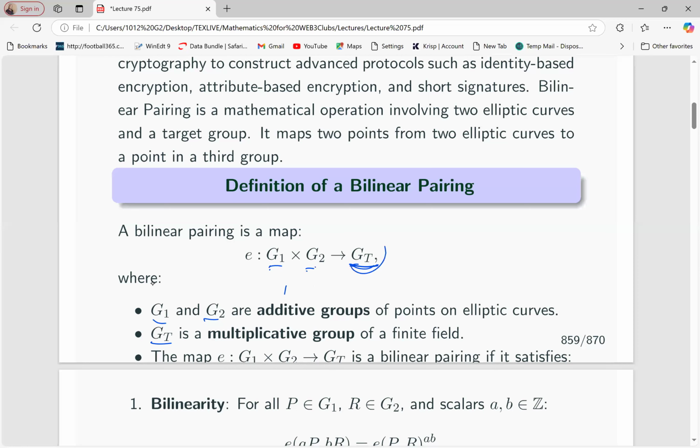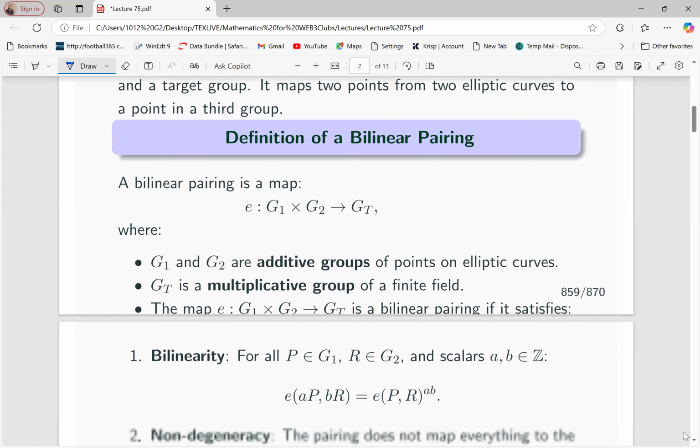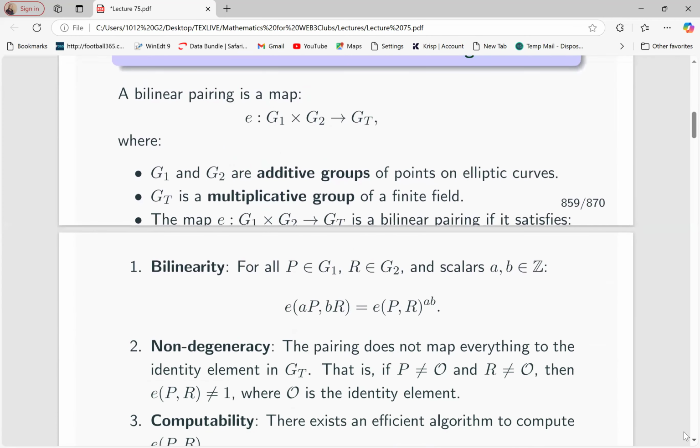For this function that is mapping the direct products of these two additive groups to this multiplicative group to be a bilinear pairing, it must fulfill these three conditions. The first condition that it must fulfill is bilinearity.